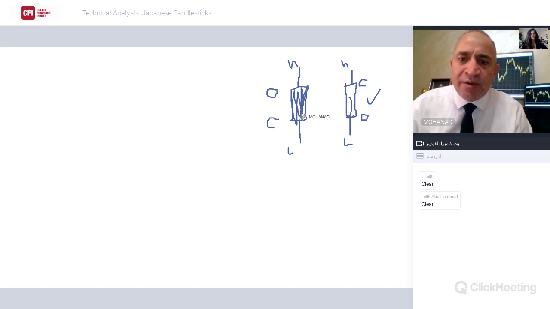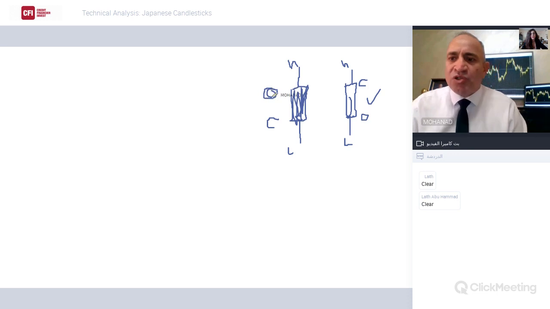While the black candle represents selling in the market, that's why the close price will be lower than the open price. So just from the color of the candle, we know if we have a buying pressure or a selling pressure.